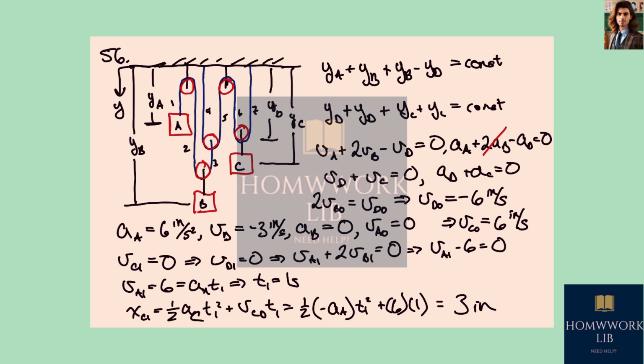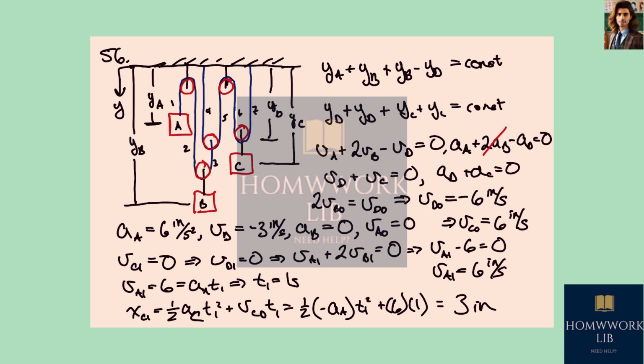And up here we know that VA plus 2VB at time 1 has to be equal to 0. We know VB at time 1 is the velocity that it always is, minus 3 inches per second. So we wind up with VA1 is 6 inches per second, at time T1.